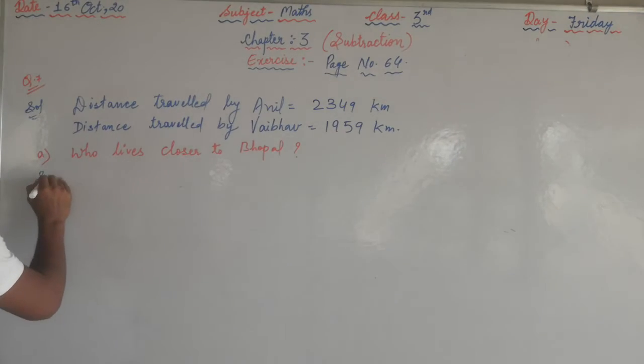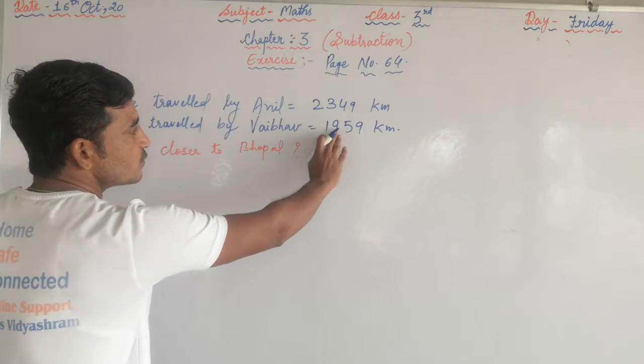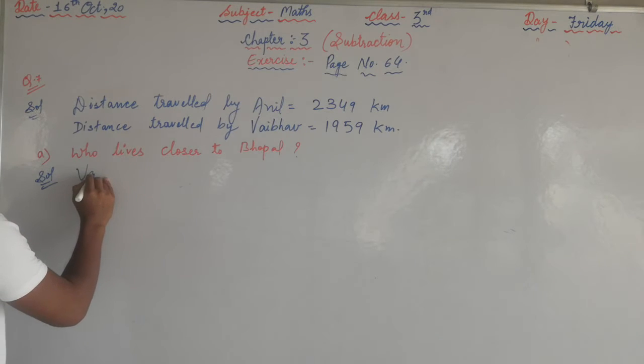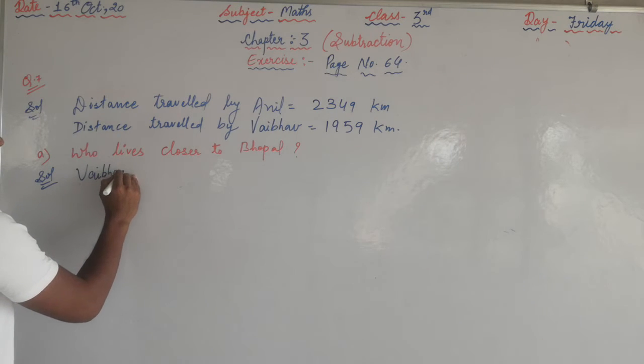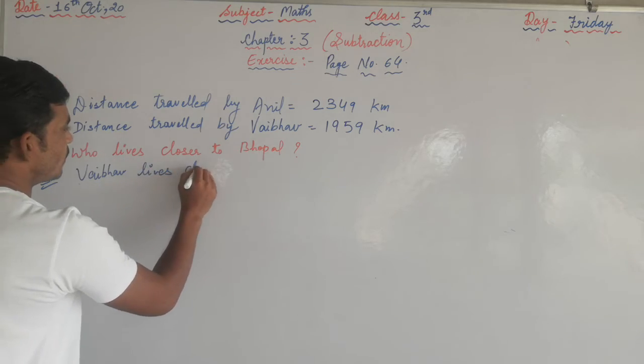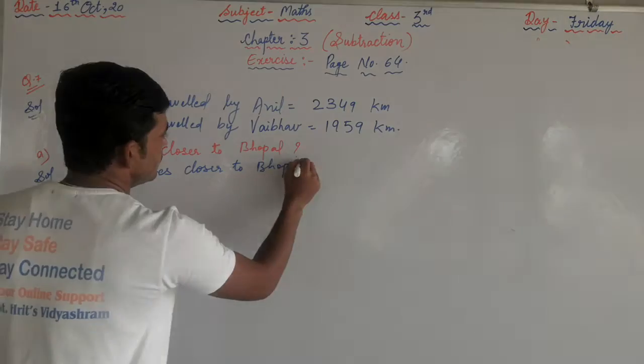Who covered the less distance? Vaibhav, because he covered a distance of 1959 only. So Vaibhav lives closer to Bhopal. This is the answer of this question.